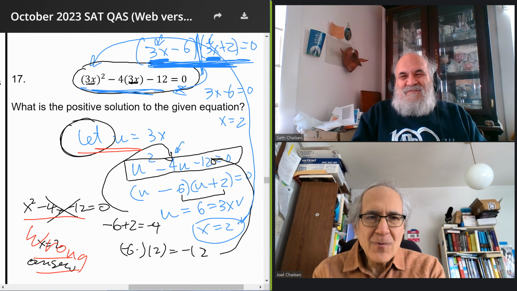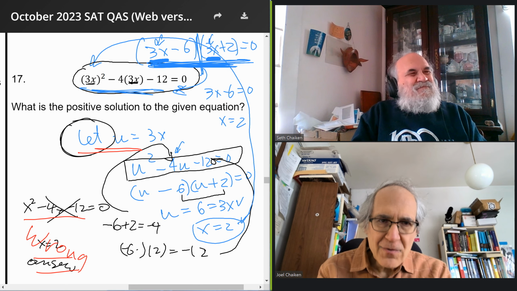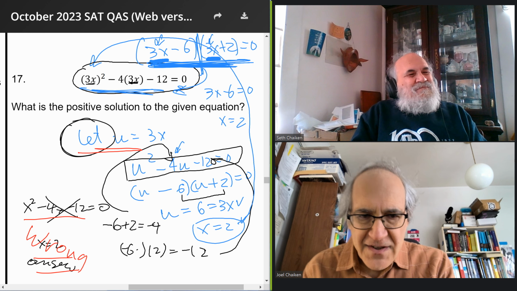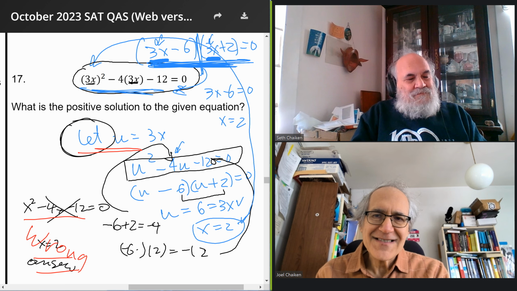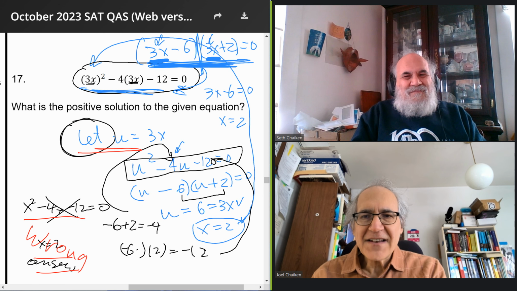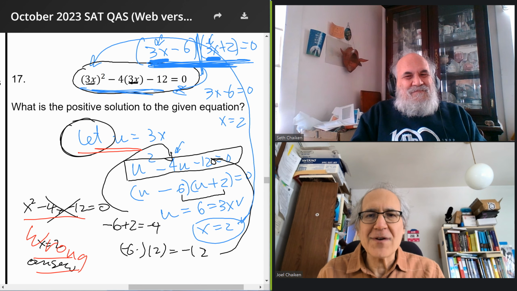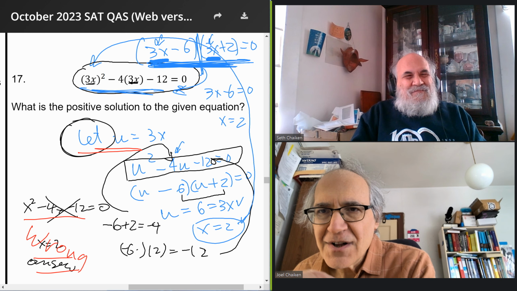What's the main idea? What are they testing to see if you know on this question? It looks like they're testing whether you can solve a quadratic equation, and whether you can solve an equation that is in quadratic form, one that doesn't initially look like a simple quadratic equation.